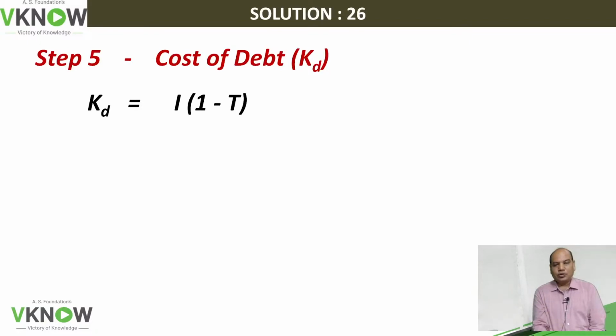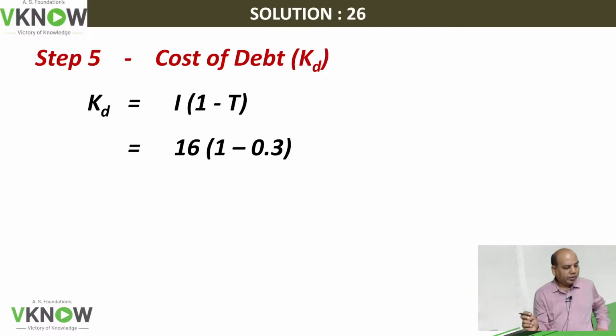Next point, cost of debt. As per CAPM, no, cost of debt is the normal formula: I into 1 minus T, interest net of tax. Interest rate taken from ICICI Bank is 16%.